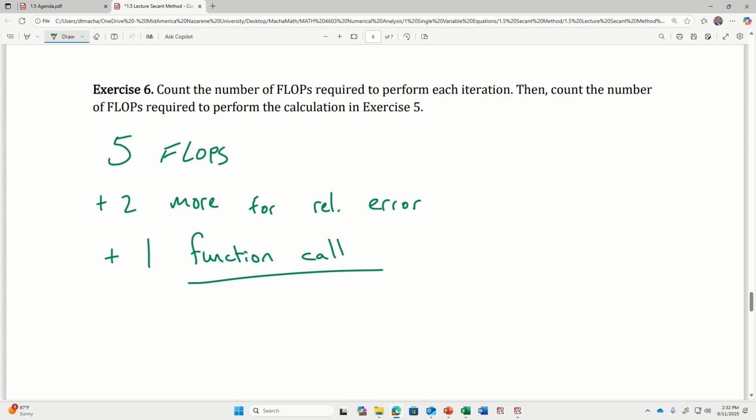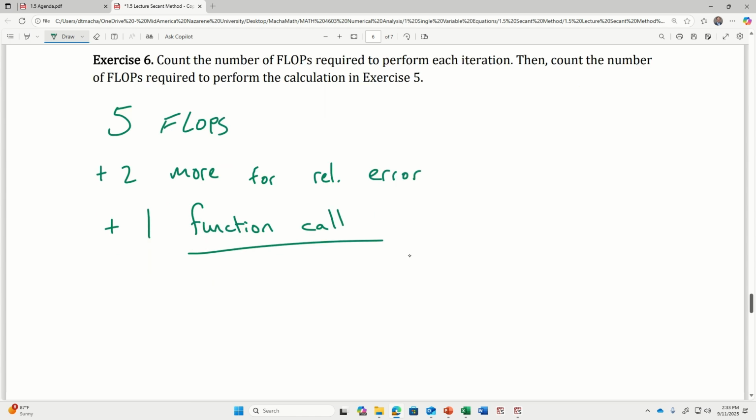So not bad. There's a little bit more flops going on here than Newton's method. But Newton's method also requires you to evaluate the derivative. Every iteration of Newton's method makes you calculate the value of the function and the value of its derivative. So if the function or its derivative take a lot of flops, then Newton's method falls behind here.